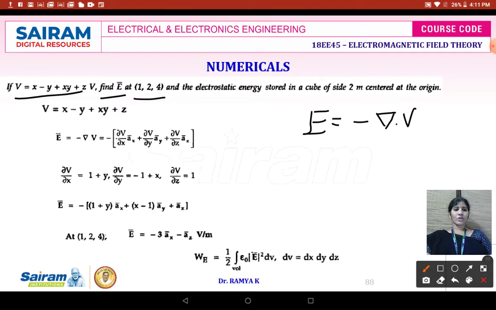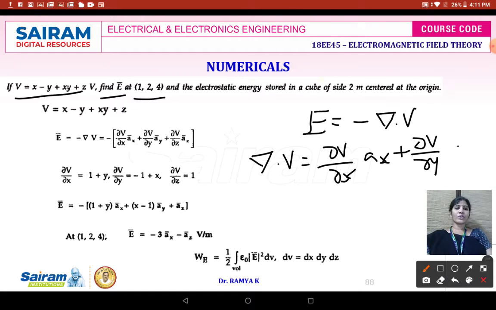Under Cartesian coordinate system, gradient V can be written as dou V by dou x into Ax vector plus dou V by dou y into Ay vector plus dou V by dou z into Az vector.